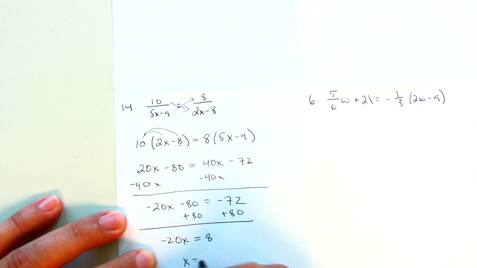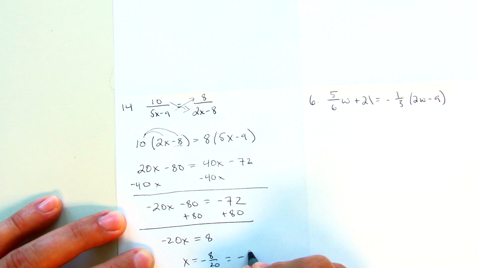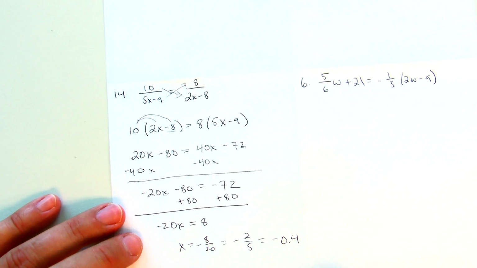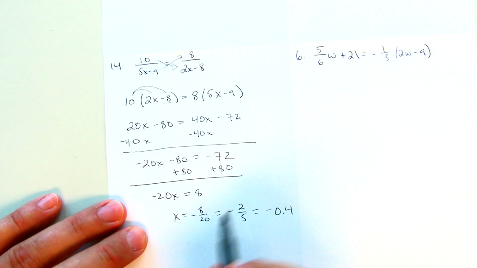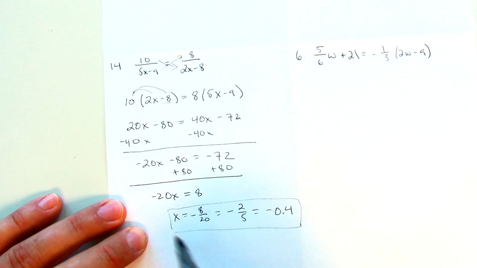So x equals negative 8 over 20, or negative 2/5, or negative 0.4. Alright, there's our answer to that one.